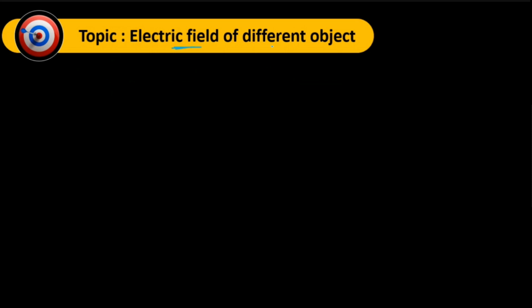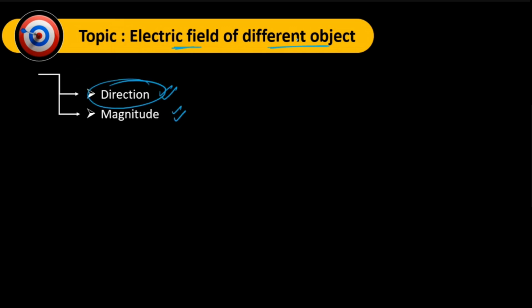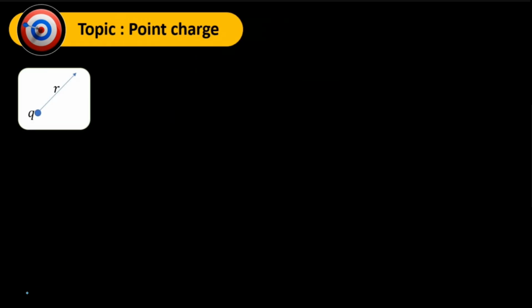Next we have electric field for different objects, like how different objects possess different types of electric fields. We are going to look at two things here: first, the direction of the field originating from the different objects, and also the magnitude of that field. This is all about electric field with different objects.